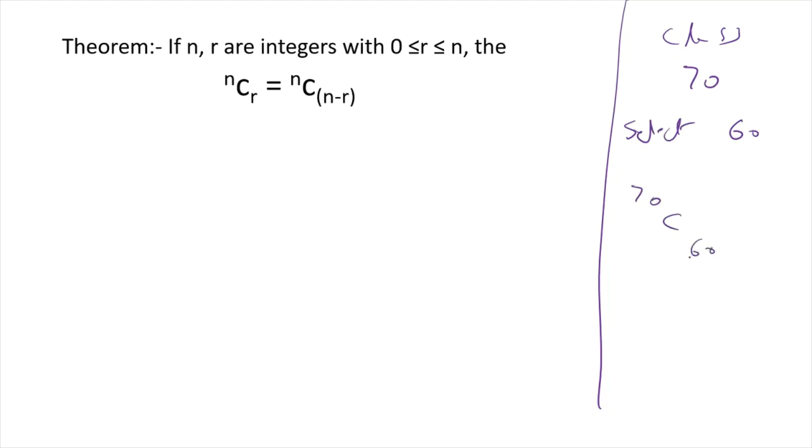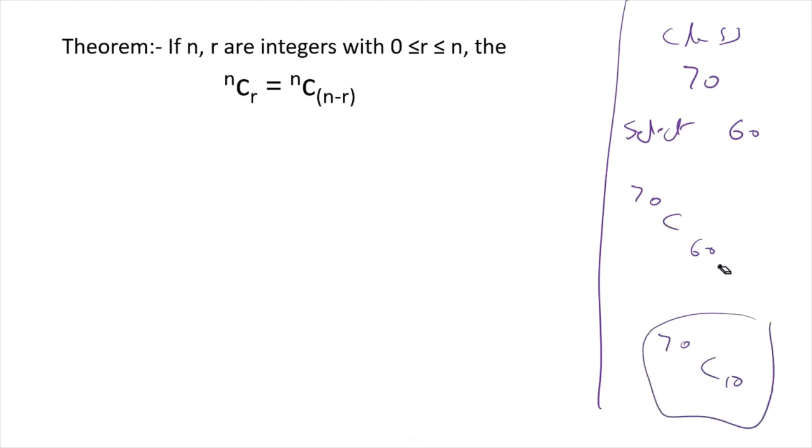Instead of selecting 60 people, I am a little bit lazy, so I remove 10 people from the class. If I remove 10 people from the class, I still get my 60 desired people. Therefore, the number of ways of selecting 60 people is the same as removing 10 people. To remove 10 people, I have to select 10 people.